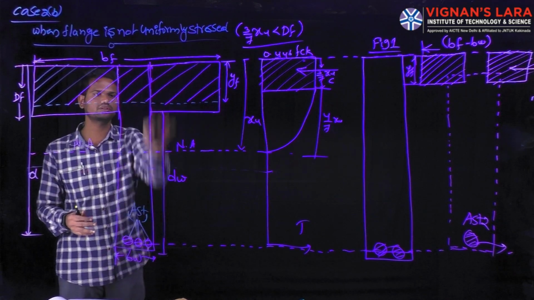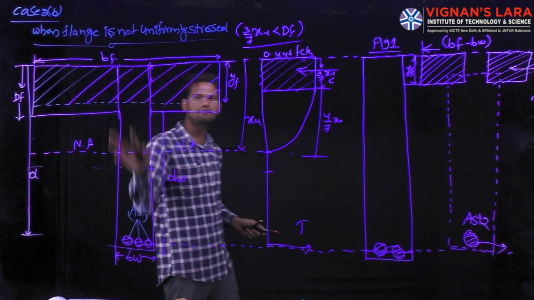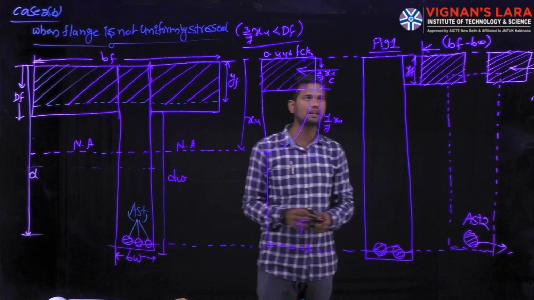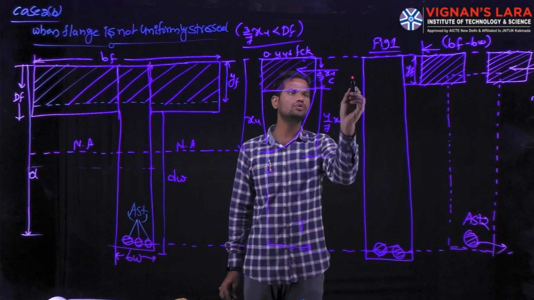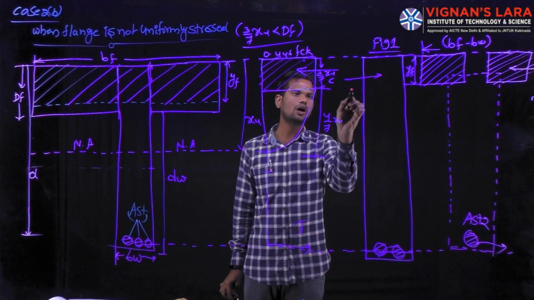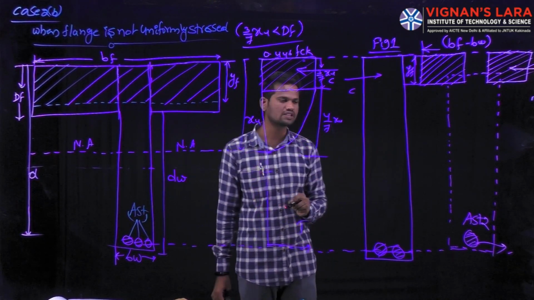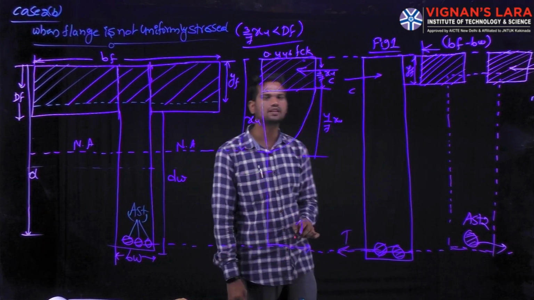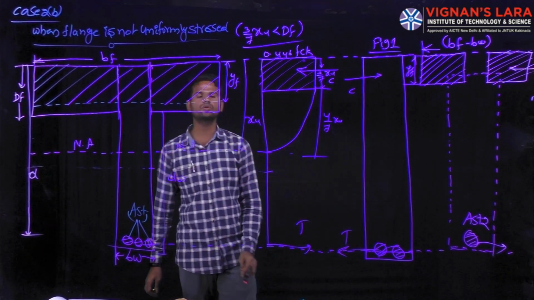This is the web portion, and the same web portion we have drawn here. The drawn figure we name figure 1. For figure 1, we have to calculate how much total compressive force and how much total tensile force act on the beam.